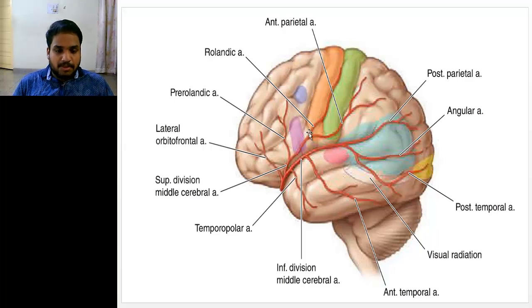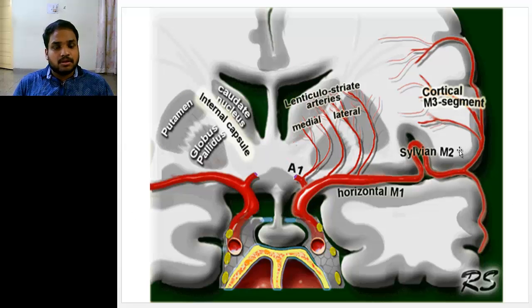So remember, the middle cerebral artery has two sets of branches: the deep penetrating branches, called the lenticulostriate branches, and the cortical branches. What happens if the middle cerebral artery is occluded at its stem? Both the penetrating branches, the lenticulostriate arteries, as well as the cortical branches would be affected.